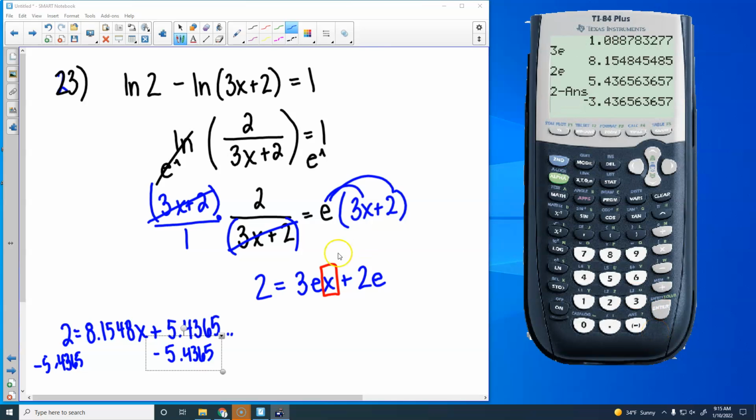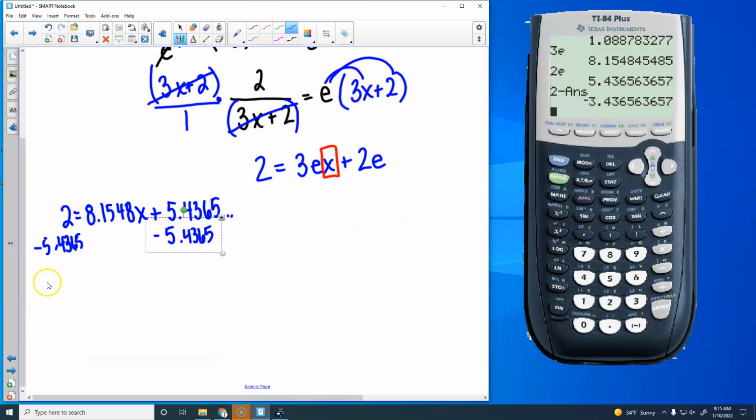So we're getting here negative 3.4365 equals 8.1548x, and then we're going to divide by that 8.1548.